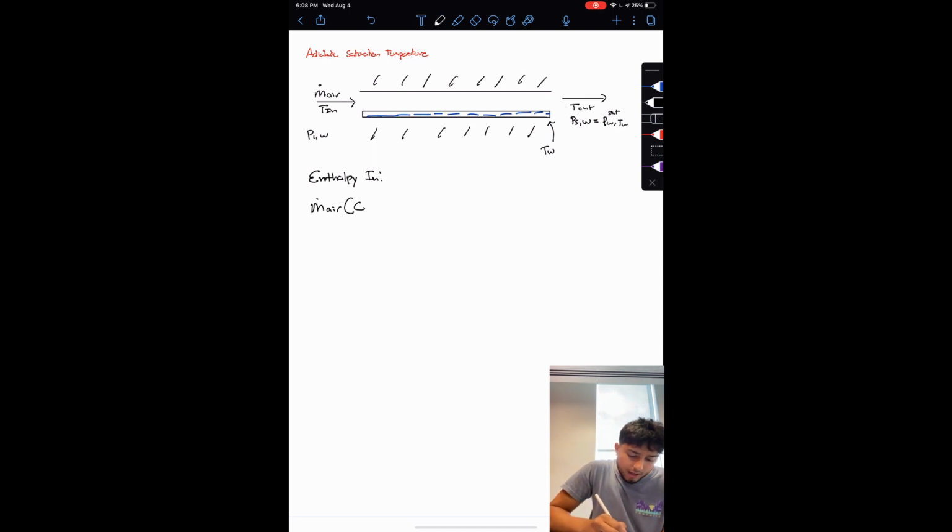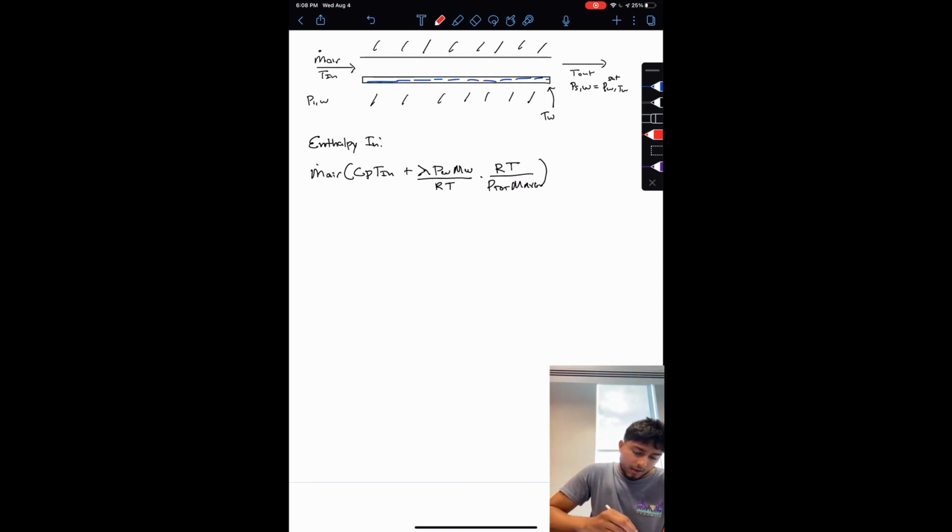We have the heat capacity with the temperature of the inlet plus the heat of vaporization with the partial pressure of water multiplied by its molecular weight over the gas constant times the temperature. We're going to multiply that again by the gas constant times temperature over the total pressure and the molecular weight average. And we're doing this because we want to get this in kilograms per meter cubed. So we have the enthalpy in.